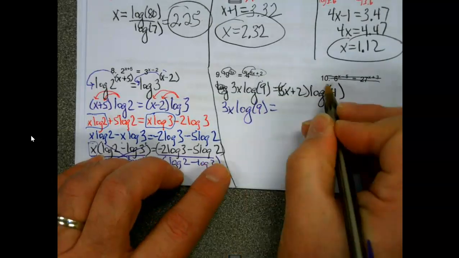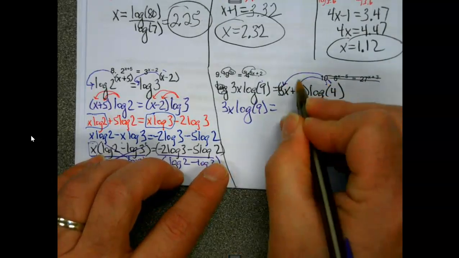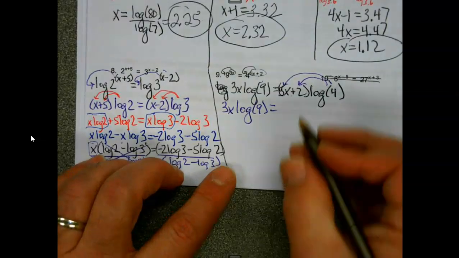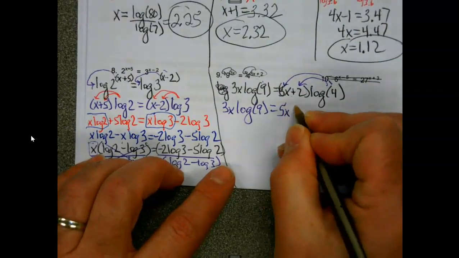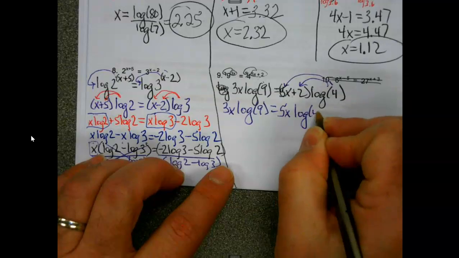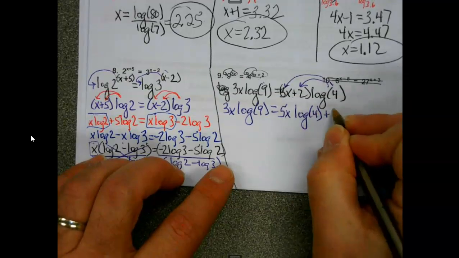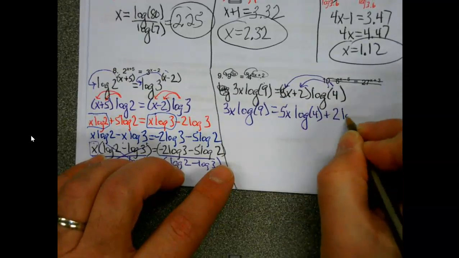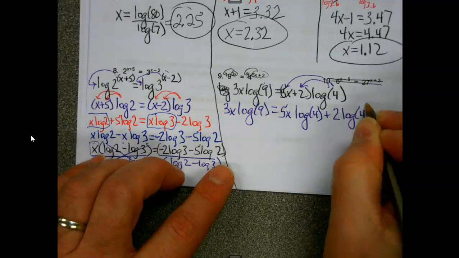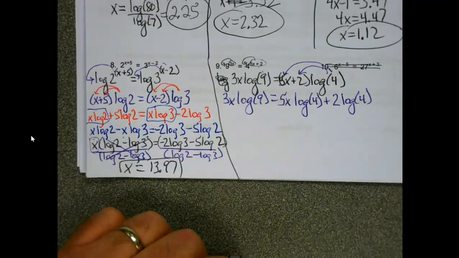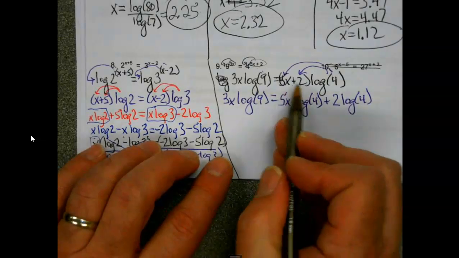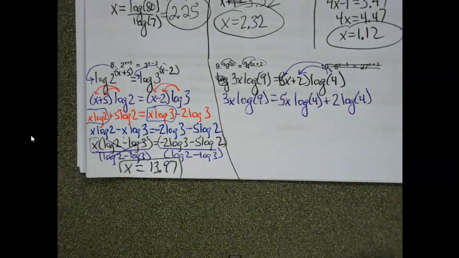But over here there is. So 5x log of 4 plus 2 log of 4. Only if there's a plus or minus, a binomial there, do you have to distribute. Otherwise, it just stays the way that it is.